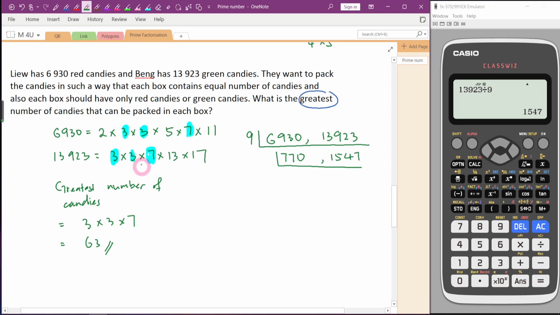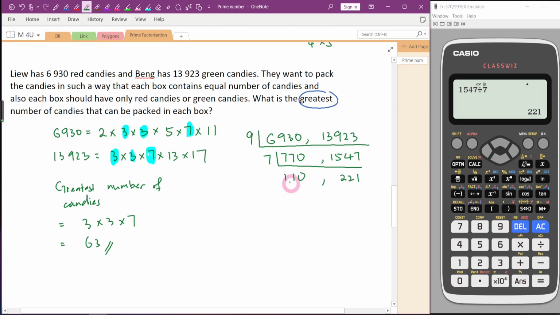Next, I'm going to use 7. 770 divided by 7, you get 110. 1547 divided by 7, you get 221. We just stop here because it is HCF, right?